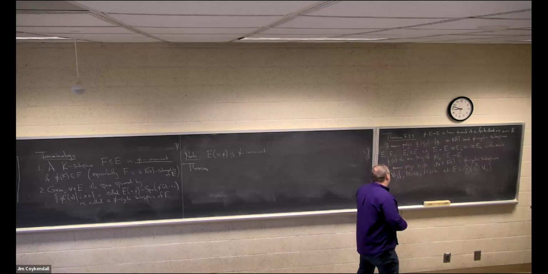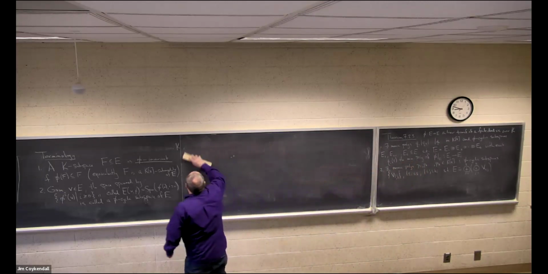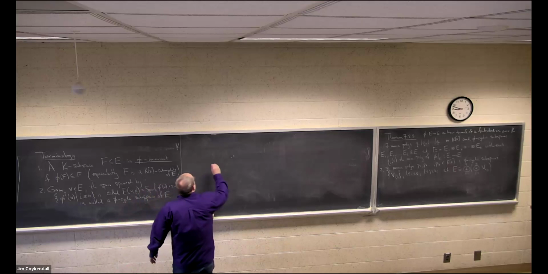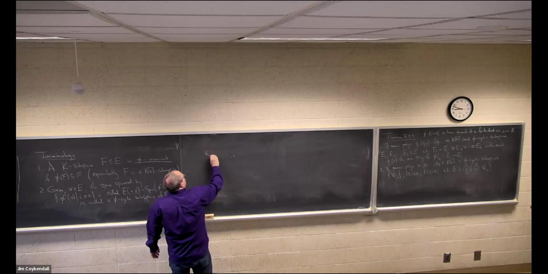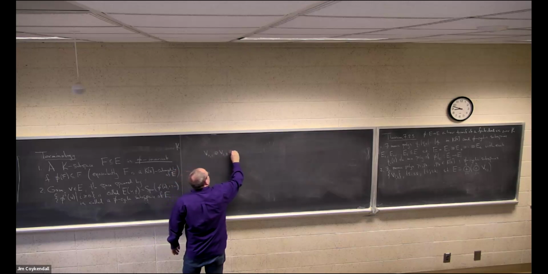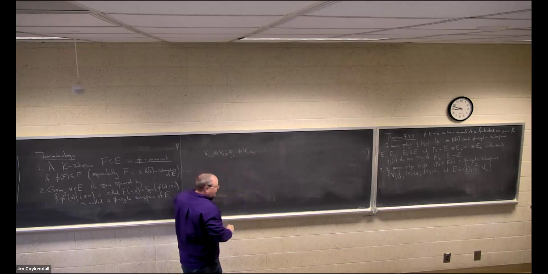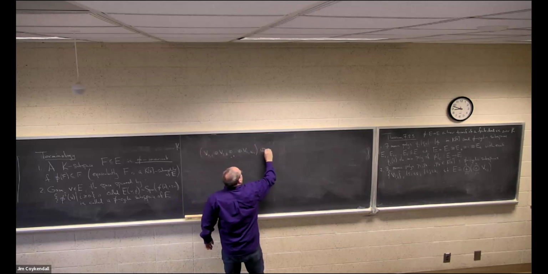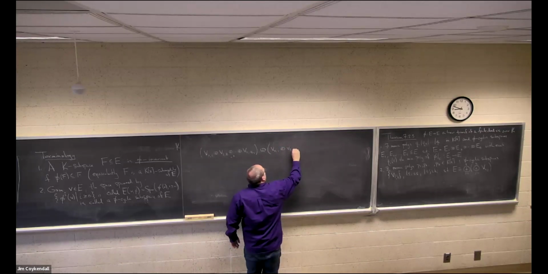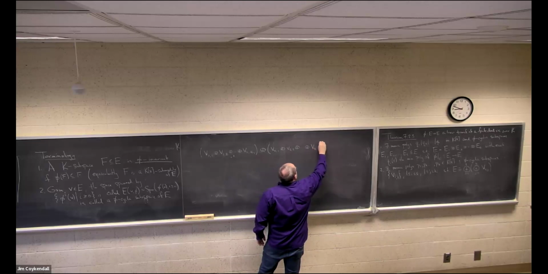So this is V1,1 direct sum V1,2 direct sum up to V1,K1, and then you start over for the next vector space, V2,1, V2,2, and how far do I go? In the second step, I go to K2.